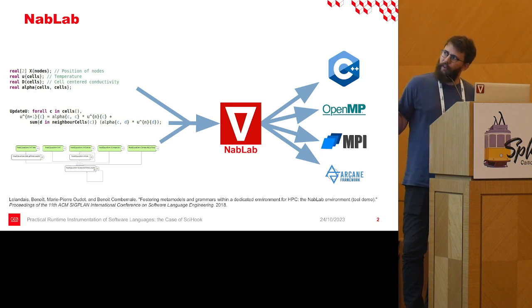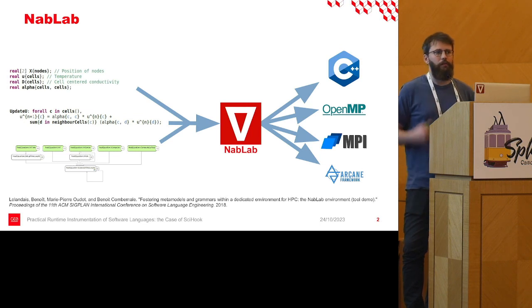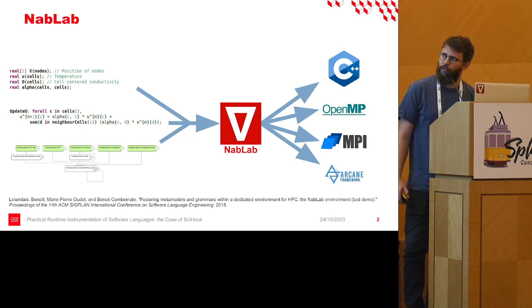Once you have defined some variables, you can define jobs, which are computation units, which will iterate over the mesh to update some variables. So in this case, we are solving the heat equation. So we are updating the temperature at each iteration of the simulation. And then NabLab is also data flow oriented.